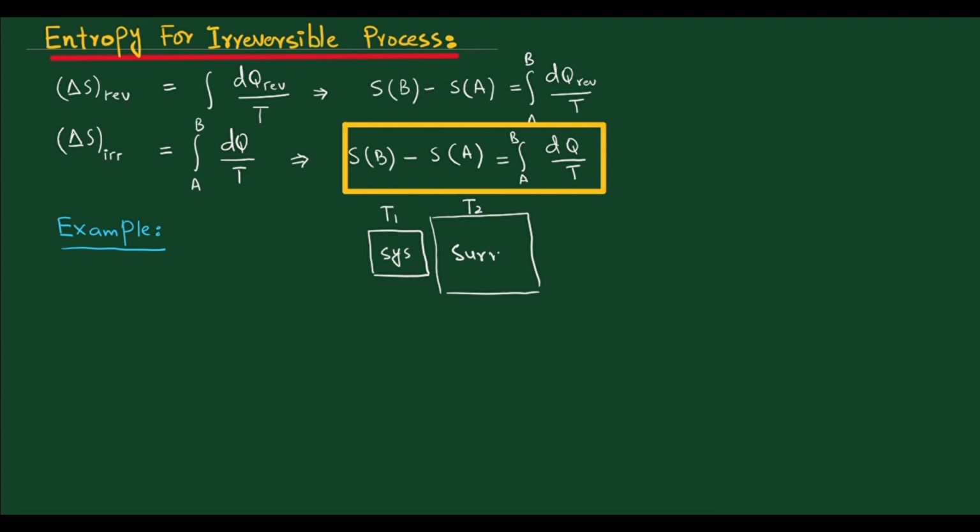Let's say we have some compression in the system, then due to the compression the temperature of the system may increase and heat will be produced, and this heat will flow from the system to the surrounding as the temperature T1 is greater than T2.